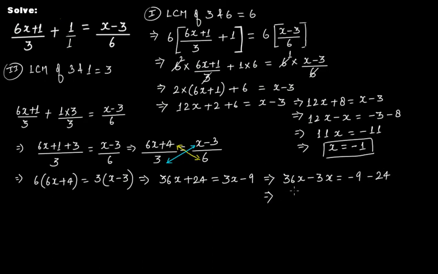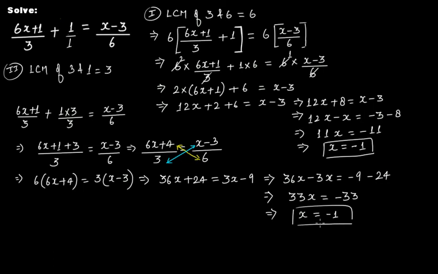This gives you 33x is equal to minus 33, and this gives you x is equal to, you have to divide both the LHS and the RHS by 33 because we need only the variable on one side. This is minus 33 divided by 33, which means minus 1.